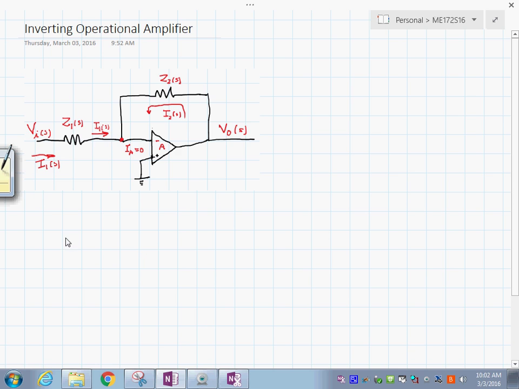This is what we just did. But you see here, V sub 2 is 0 because we have grounded it. So the equation reads that V output is minus A times V sub 1 of t. We also know that the current IA of S is 0.